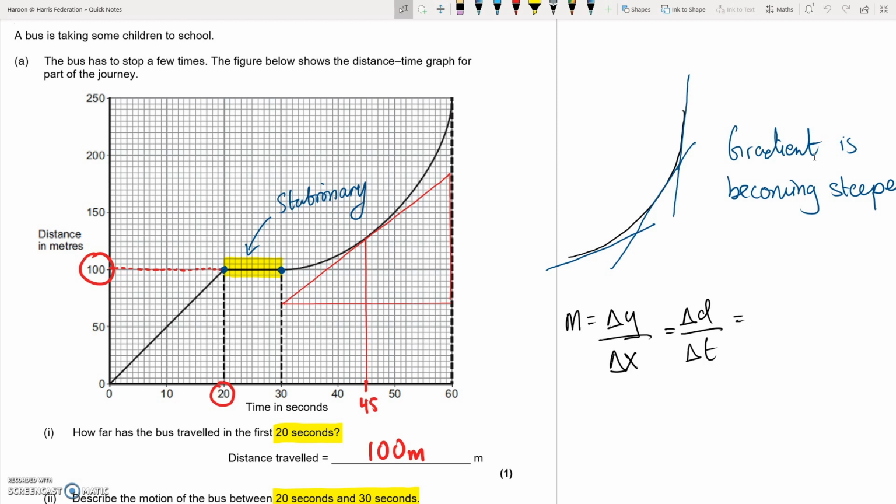So once I work out the change in distance over the change in time, that will give me what I'm looking for, which is speed. So I can see on my graph here that each box represents 5 meters vertically. And that's because I just look at the bottom, I can see that there is 10 boxes between 0 and 50. So therefore, if I do 50 divided by 10, that will give me 5 meters.